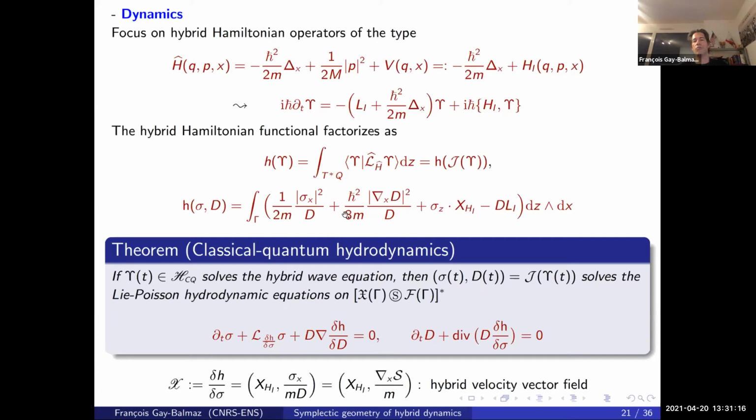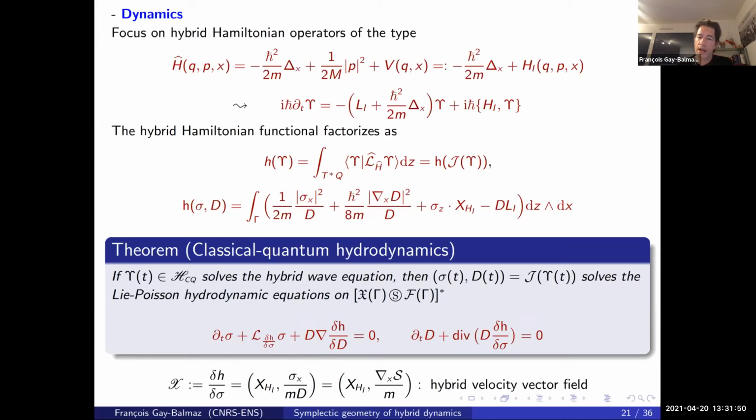You recognize the two terms which are standard from the quantum part, and you recall here the part appearing earlier in the classical KVH equation. Now applying the theorem for equivariant momentum map, I directly obtain that the corresponding hybrid momentum and hybrid density satisfy hydrodynamic equations, exactly as before.